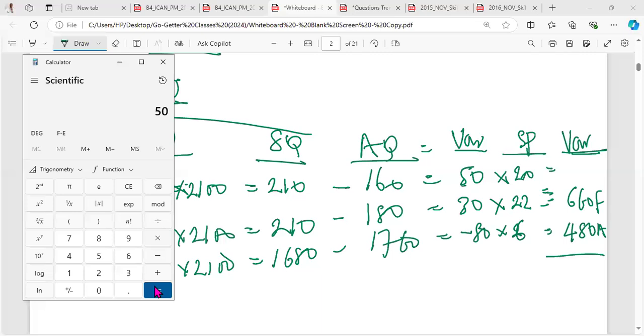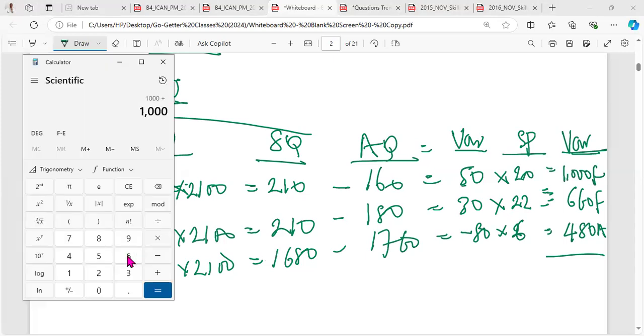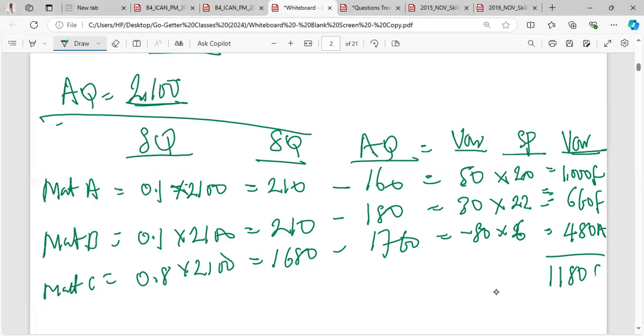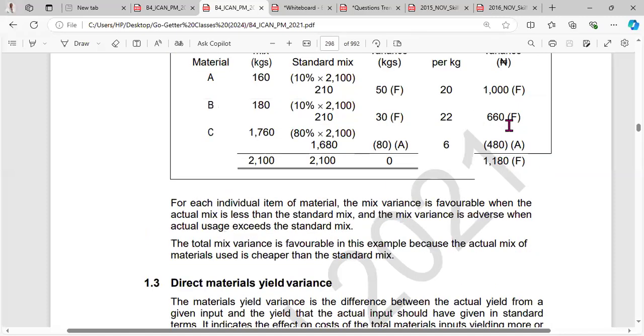That gives 1000 favorable. So we have 1000 favorable plus 660 favorable minus 480 adverse. That gives us 1180 favorable. So that is your mix variance.